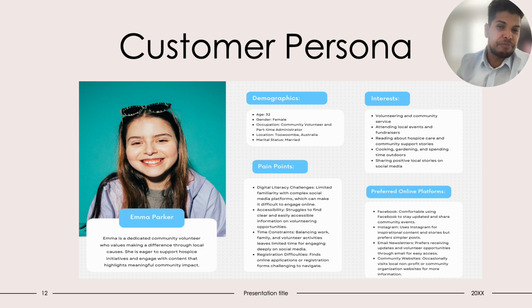So the customer persona here, I have designed it from Canva, and in my opinion, for the customer persona, Emma Parker is the quintessential follower of Toomba Hospice on social media.